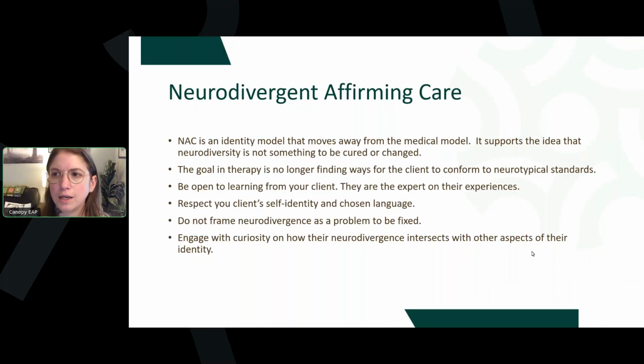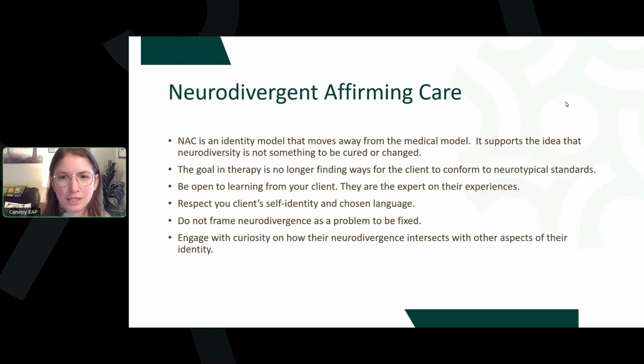All right, so what are we talking about? We are talking about neurodivergent affirming care. And I shortened it here just because it's a long thing to type. So neurodivergent affirming care, really what this is, is a model that's moving away from that medical model mentality. So instead of the care being, how can we help you be more in the quote unquote normal category?